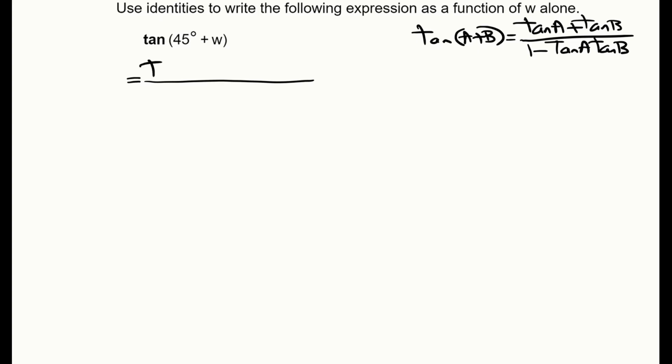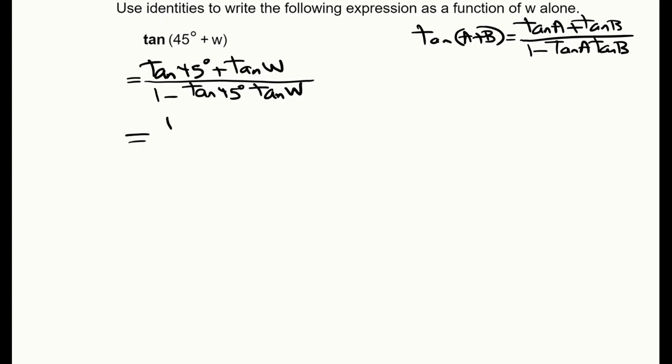So here we get tangent of 45 degrees, which is the first angle, plus tangent of the second angle, which is w, over 1 minus tangent of 45 degrees times the tangent of w. Now, we've seen the tangent of 45 degrees a few times already. It's one of those you definitely want to know.